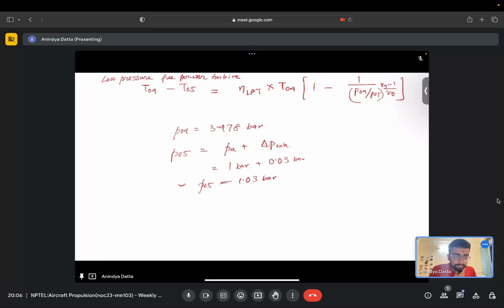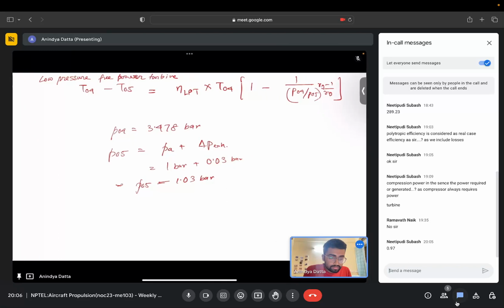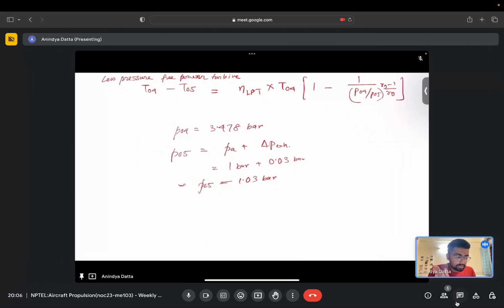This is clear? The pressure at 5, the exit of the turbine, is 1.03 bar, and then the gases are exhausted into the ambient condition where the pressure is 1 bar. There is this 0.03 bar pressure loss happening in the exhaust system.